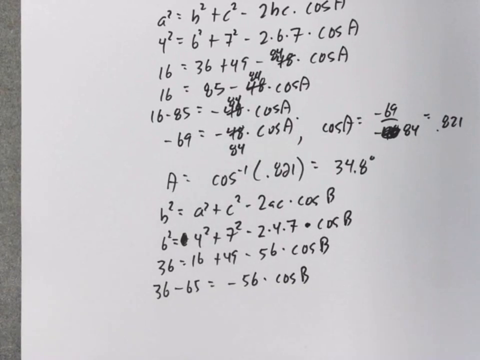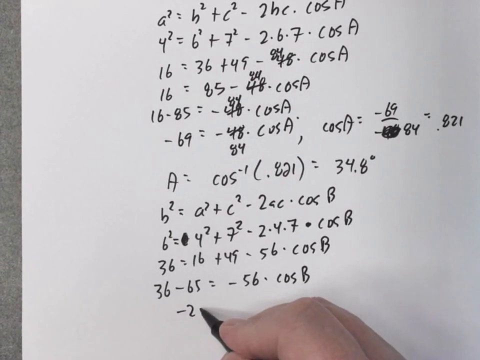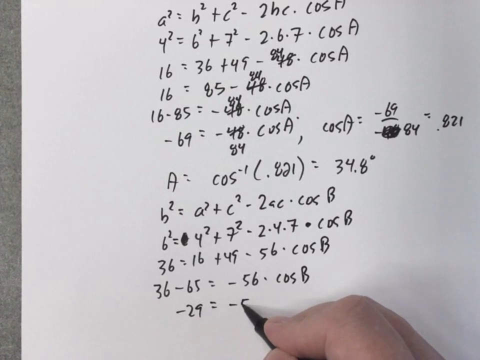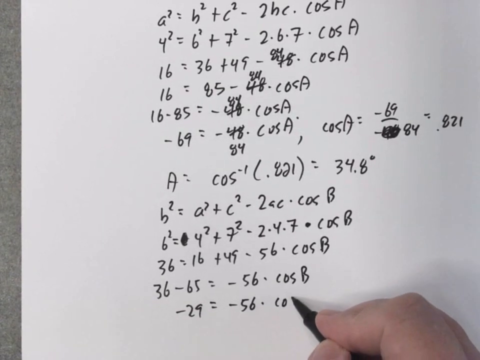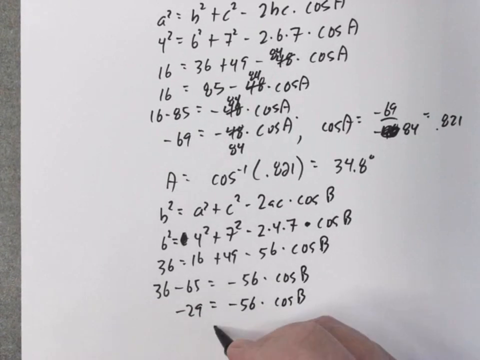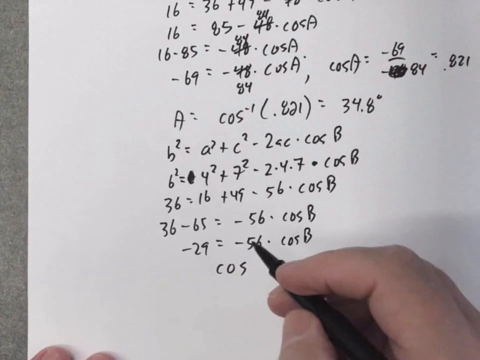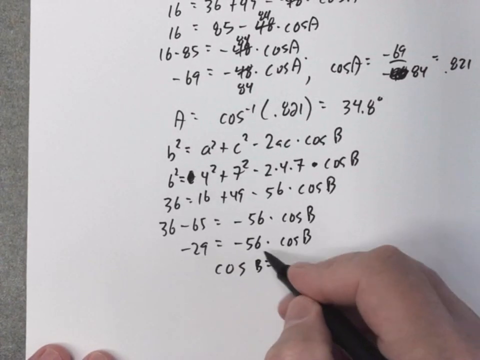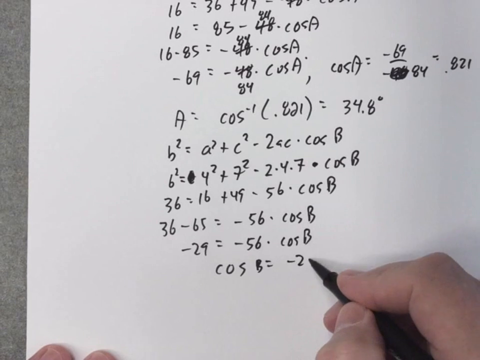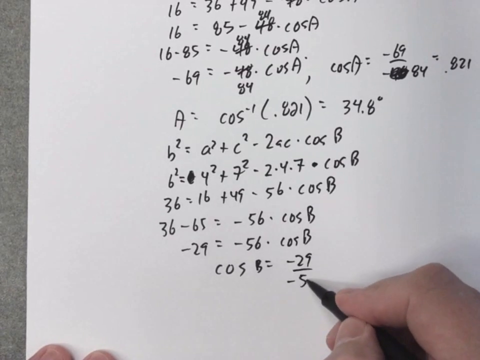So this, just to be sure, I'll do this on my calculator. Minus 29. So cosine of B, divide both sides by negative 56.